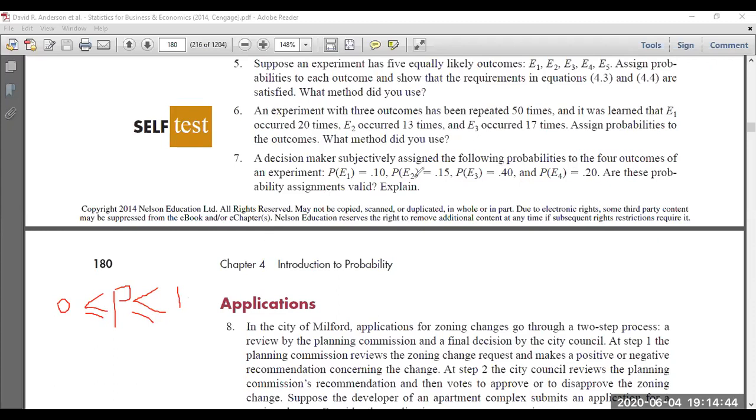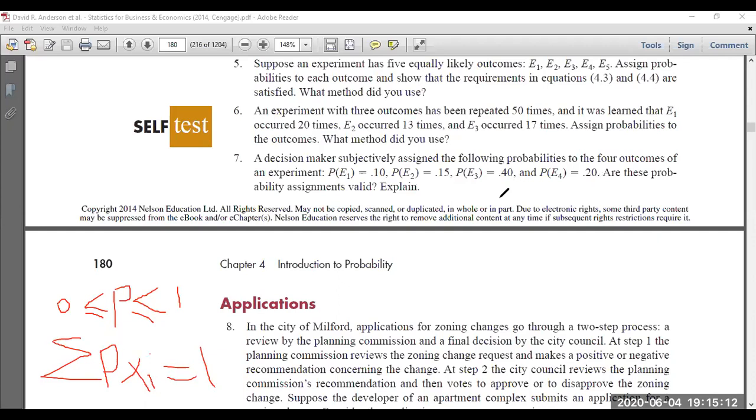But the second check is that for any experiment, the total of the probabilities has to be equal to 1. So if I sum up all the probabilities, I should have 1. Do I get a 1? 0.1 and 0.25, and this should be 0.65, and then 0.85.